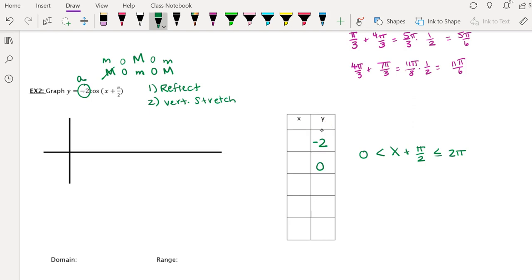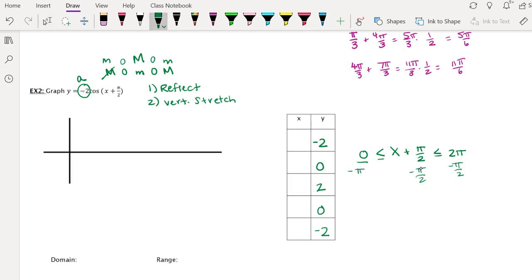My maximum is at +2, then I'm at 0, and then I'm back to my minimum at -2. The question is, what are the x values at which this occurs? I'm going to do the same thing, and solve by subtracting pi over 2 from everything.